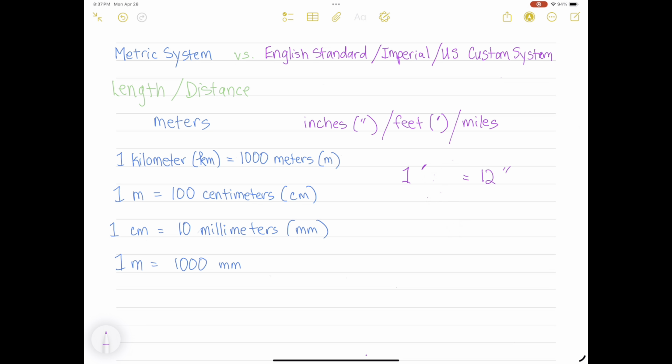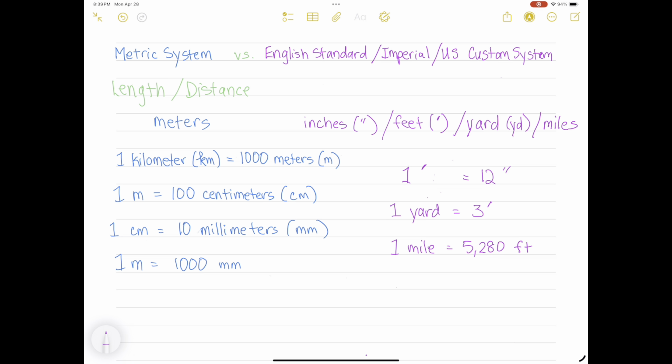In the English standard system, 1 foot equals 12 inches. And 1 yard, abbreviated as YD, equals 3 feet. And 1 mile equals 5,280 feet.